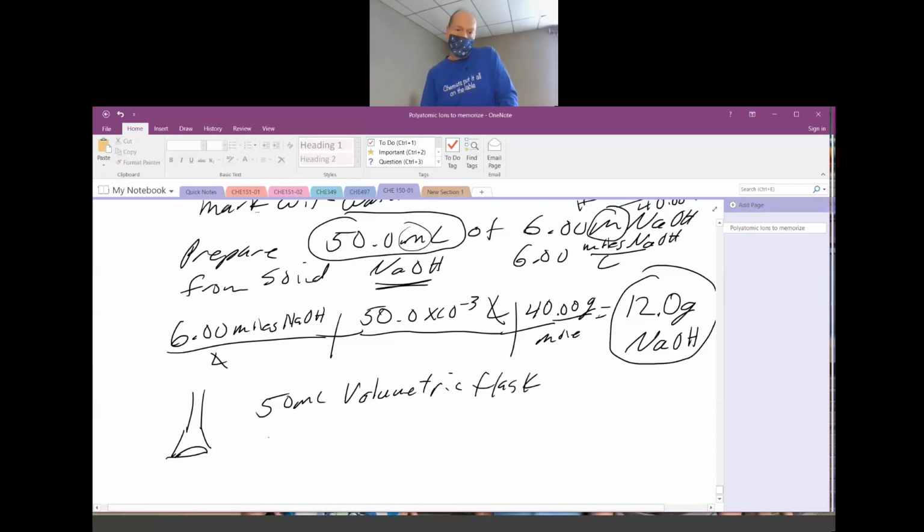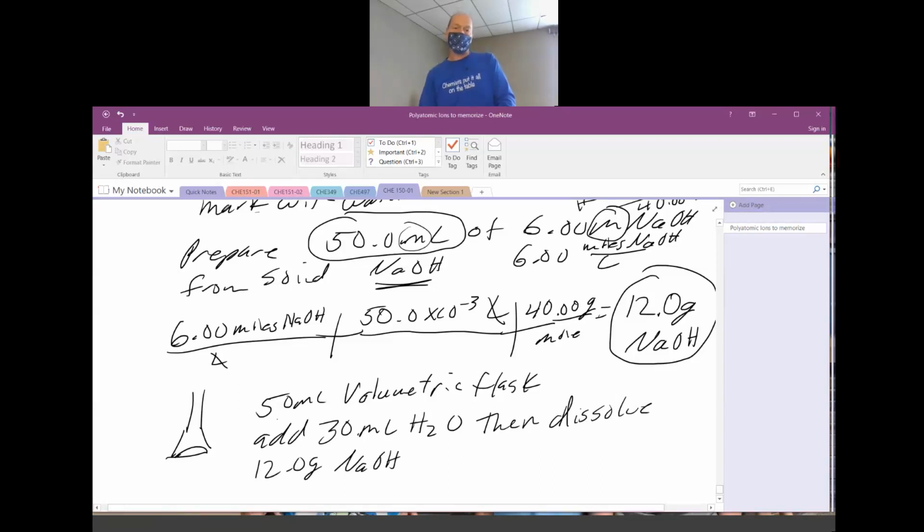And I'm going to add, I don't know, let's say 30 mils of water. Then I'm going to dissolve 12.0 grams of NaOH. All right, so I put in my water, goes to about there. All right, then I'm putting in my solid, my 12 grams of NaOH, and then I'm going to swirl it until it dissolves. All right, once it has dissolved, then I dilute to the mark.